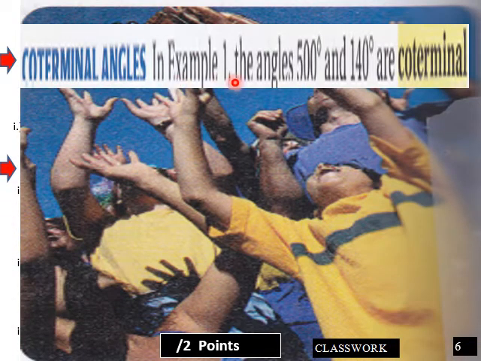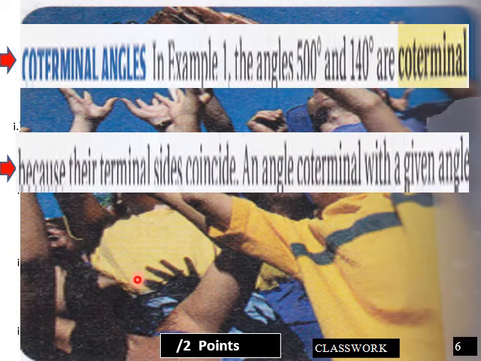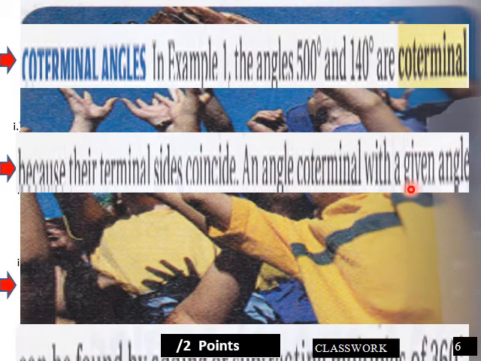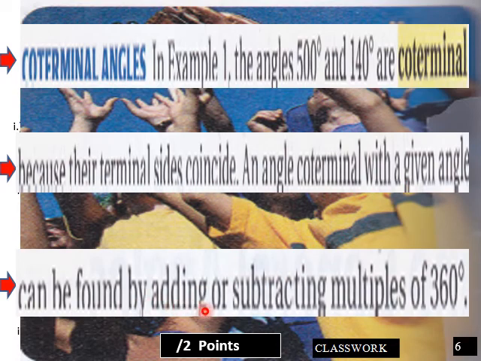Okay, coterminal angles. In example 1, angles 500 and 140 are coterminal, meaning they have the same terminal side position because their terminal sides coincide. An angle coterminal with a given angle can be found by adding or subtracting multiples of 360.